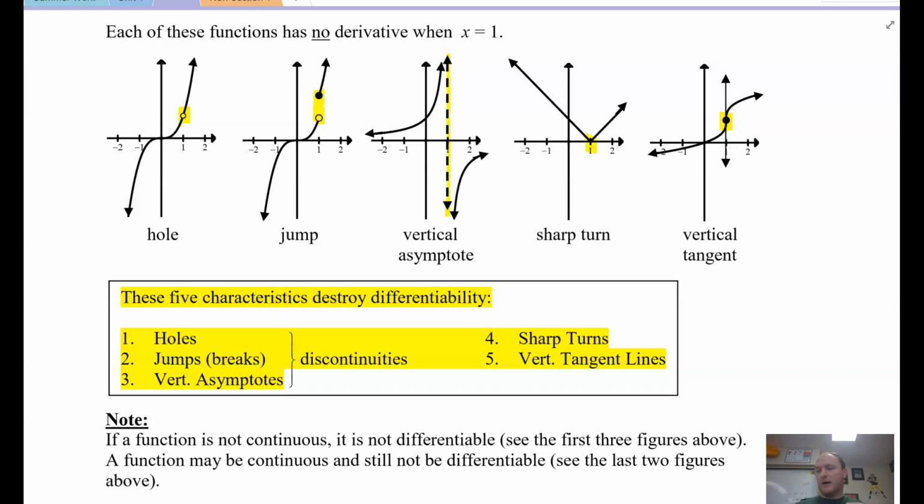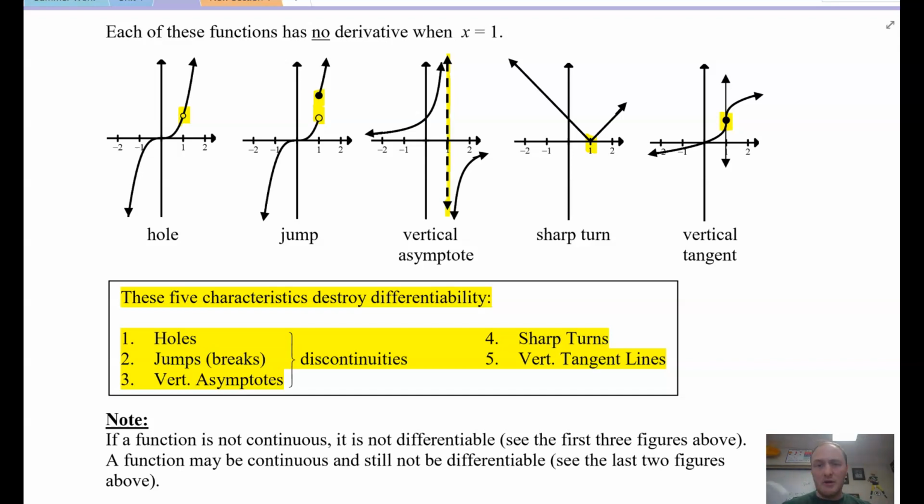So what are they? You have holes, you have jumps, you have vertical asymptotes. So for these first 3, if it's not continuous, it's not differentiable at that x value. That's very, very important. The other 2 are sharp turns, and then a vertical tangent line.